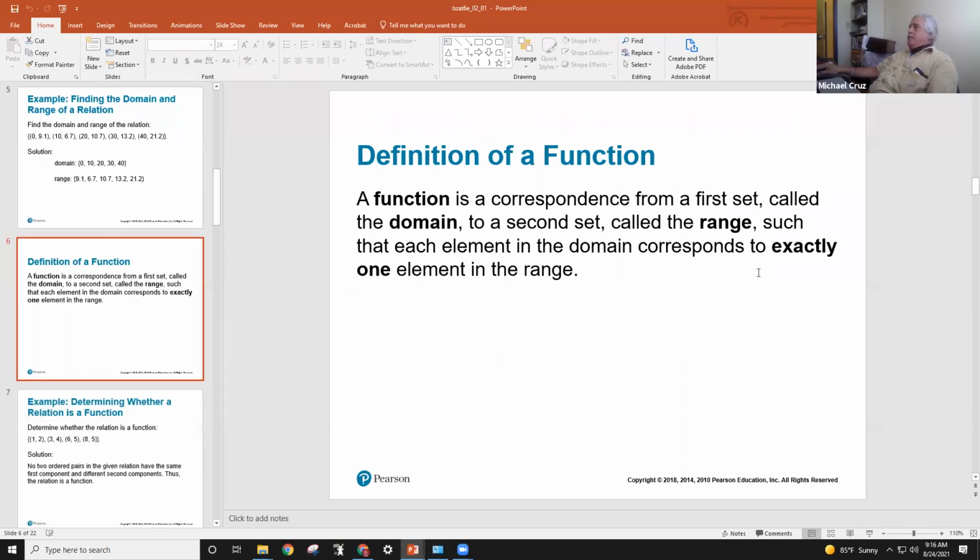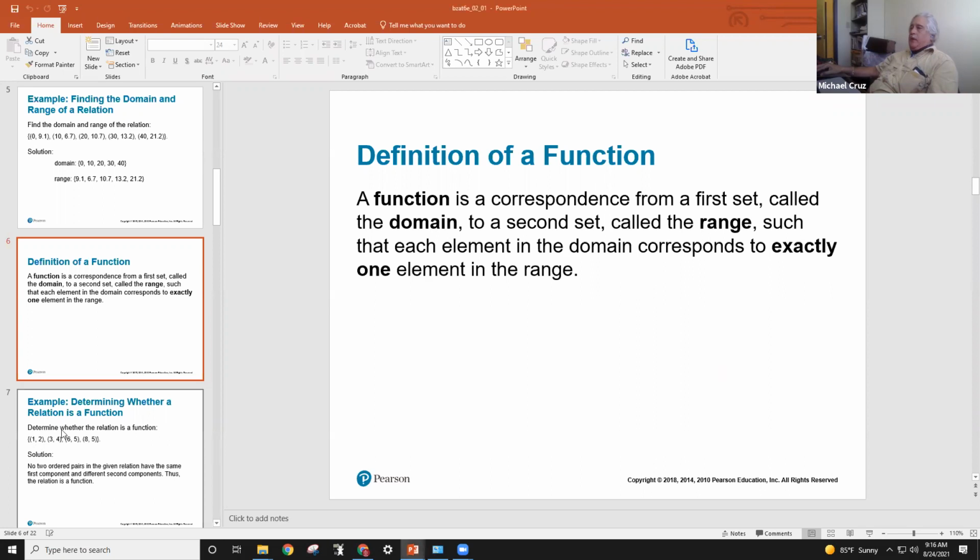A function is a correspondence between the elements in the first set, called the domain, and the second set, and each one of those domain values maps to exactly one element in the range. In other words, if we have a domain value repeated, there's going to be an issue, because it can't go to two different values.